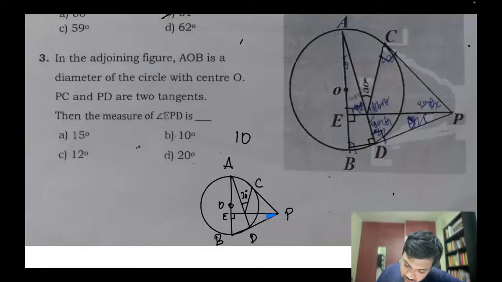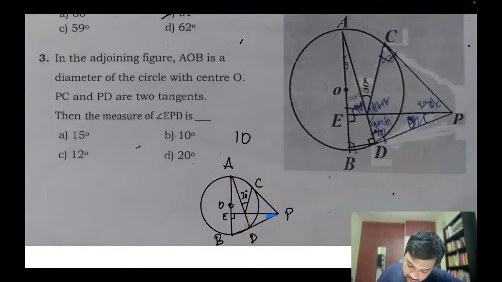Let's see. This is 90, that is 90, so this angle is the same as this angle. And this is 90. Let's mark everything we know. This is 90 here, because the angle subtended by the diameter at a point is 90.